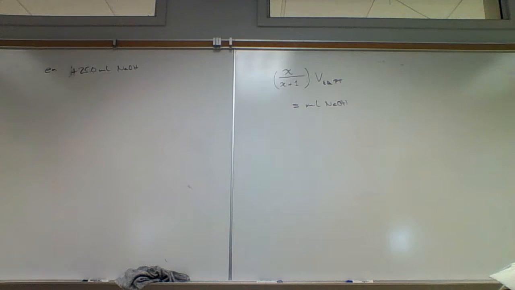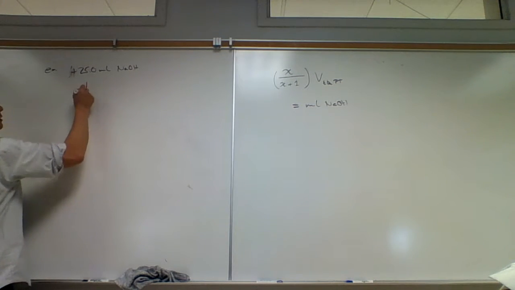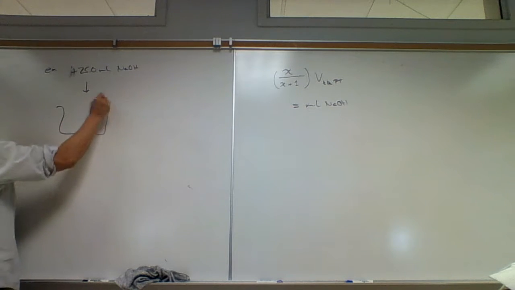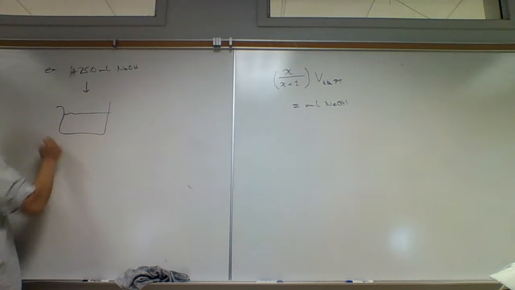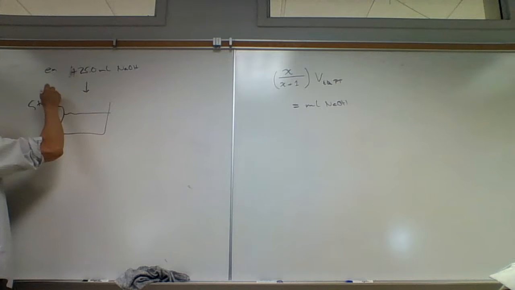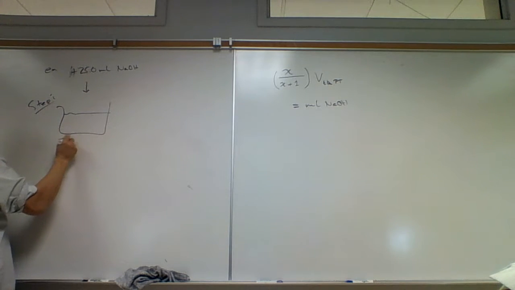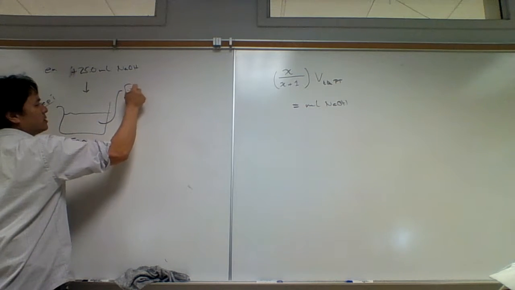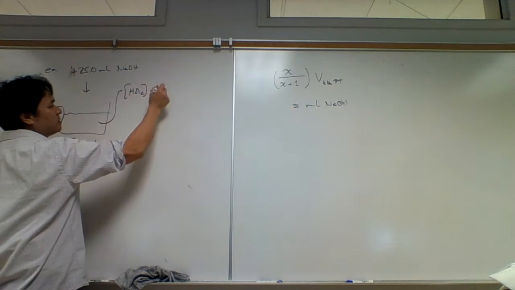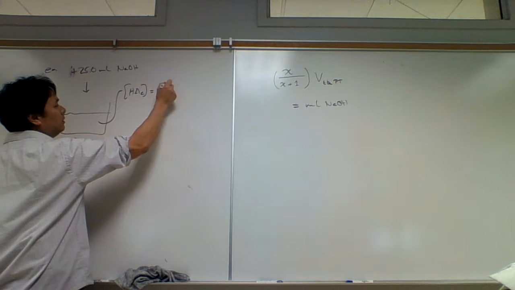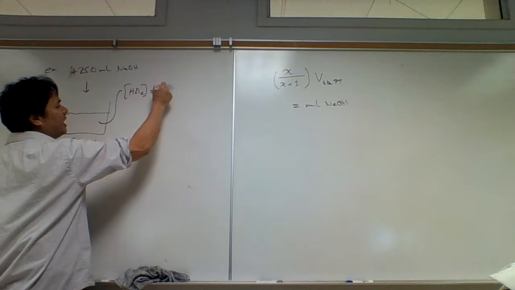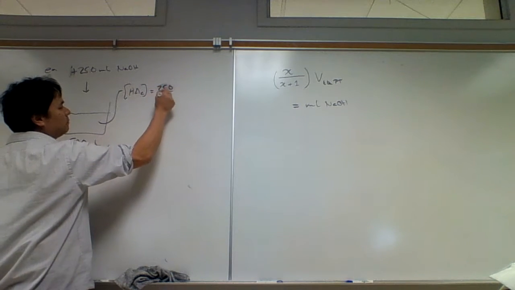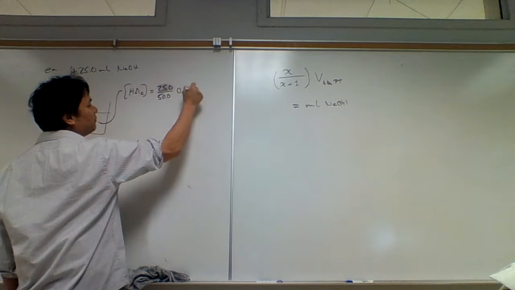So if we added 25 milliliters, the first step is step I. With step I, the total volume is going to be 50.0 milliliters. We're going to figure out the new acetic acid concentration. The acetic acid concentration is going to be a 25 to 50 dilution of 0.100 molar.